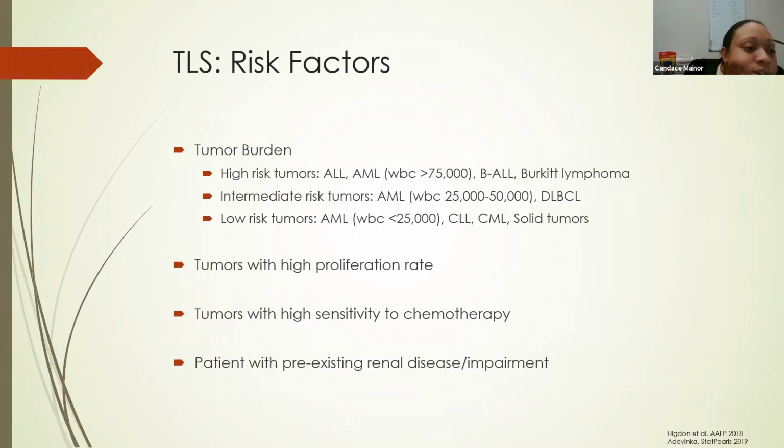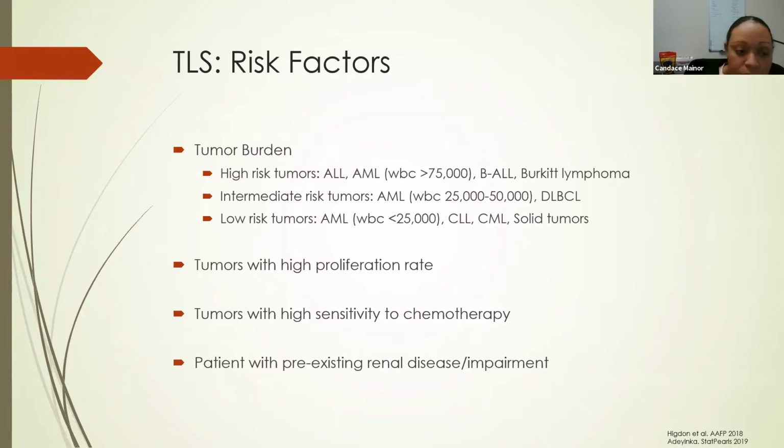So what's important with tumor lysis syndrome is to try and prevent it. When patients who have known malignancy are going to be treated with their systemic therapy, it's important to assess what is the patient's risk factor for the development of tumor lysis syndrome.